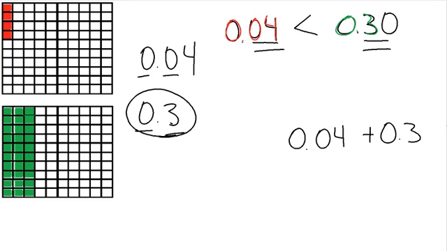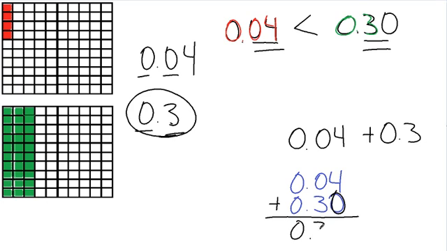So then you would have 4 hundredths, line up your decimal point, 3 tenths, and you could see, oh, I don't have anything here, so I need to put in a 0, and you'll end up with 0 and 34 hundredths, which is, if you added up all of that, 30 in the bottom plus 4 on the top, so you have 34 hundredths.